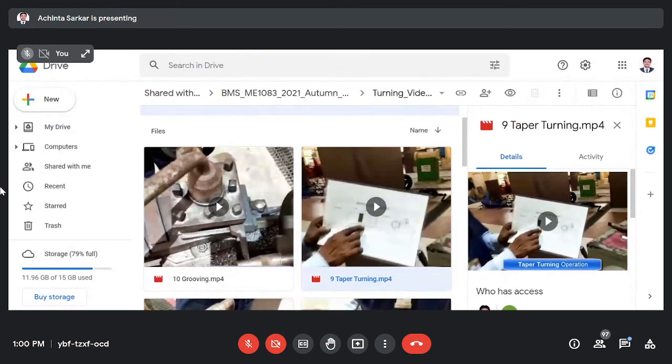Because the included angle of the taper is alpha, and we need half of that angle, because if I do one part, then the other part can be done diametrically. Suppose the taper included angle is 20 degrees, so I need 10 degrees. That's why I mention alpha by 2 or theta by 2.